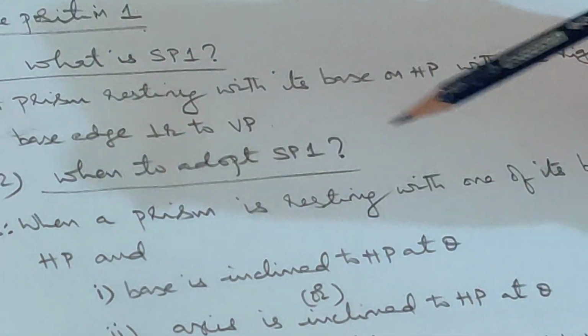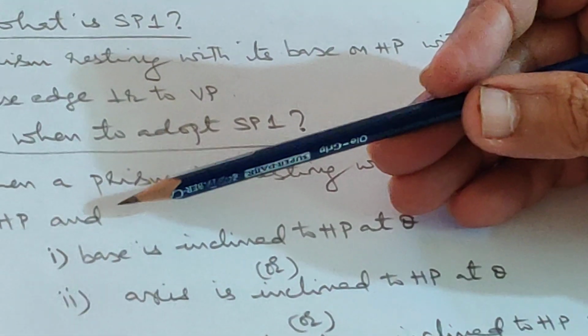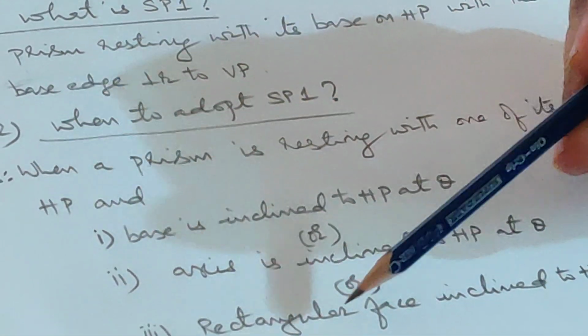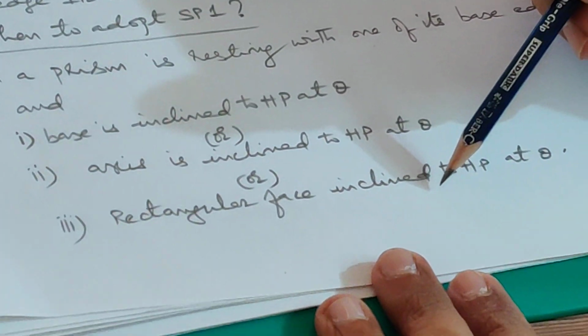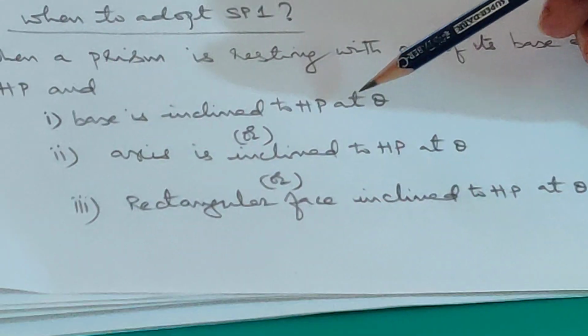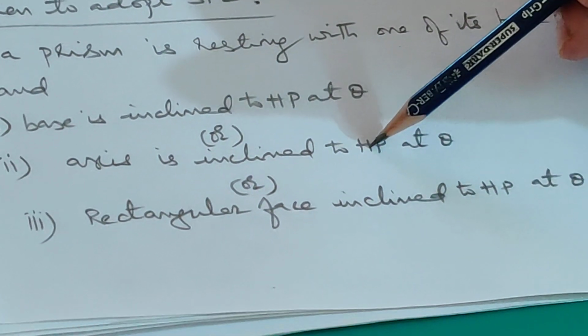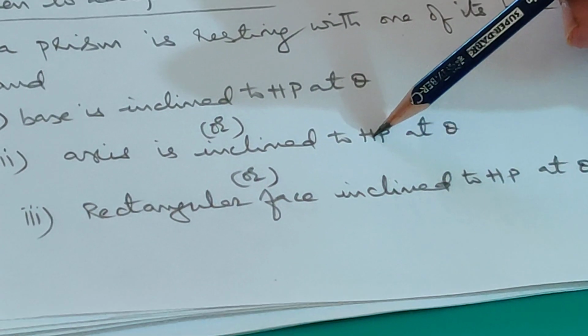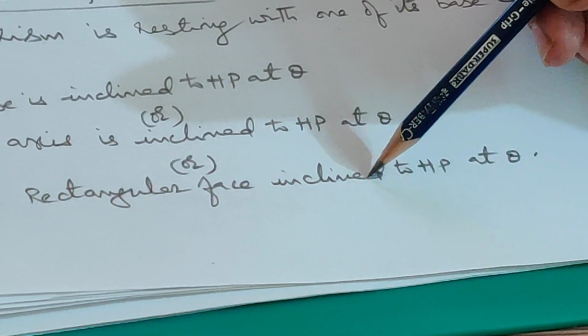I have just now shown the position. When the prism is resting with one of its base edges on HP, that is one condition. And the second condition, one of these angles will be given to you in the problem. It could be the inclination of the base with HP, or the inclination of the axis with HP, or the inclination of the rectangular face with HP.